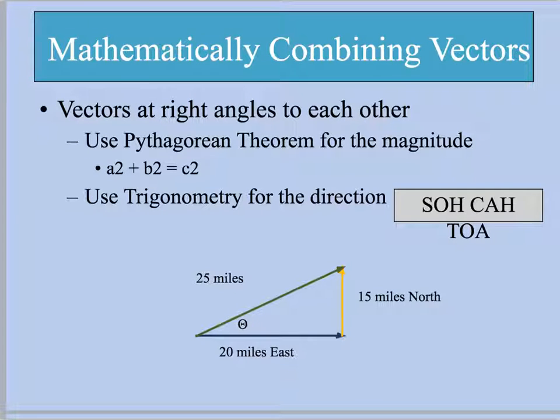Okay, so how do we handle resultants if the vectors we're trying to add or subtract are not along the same plane?